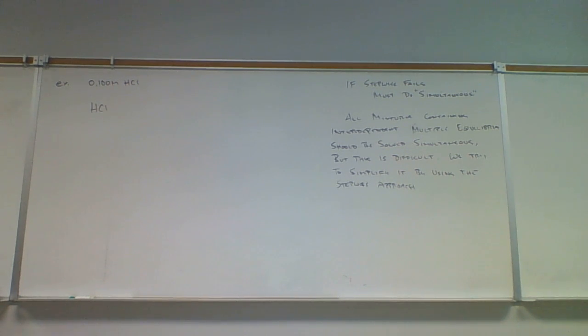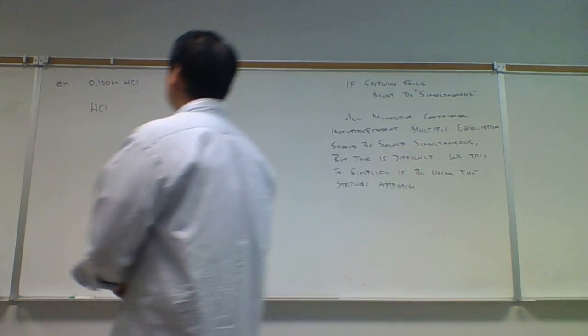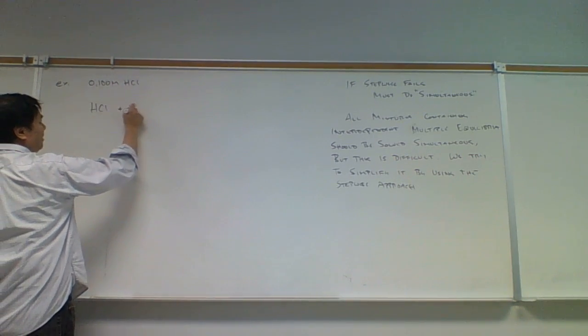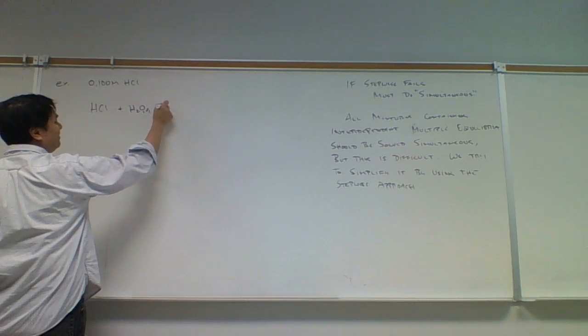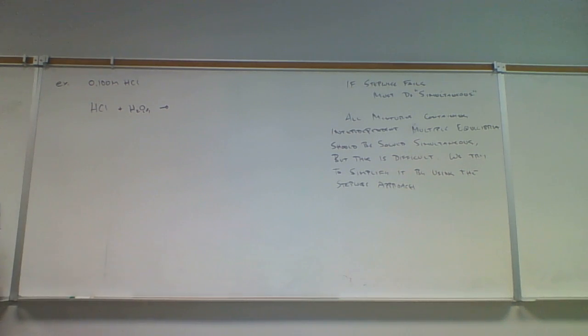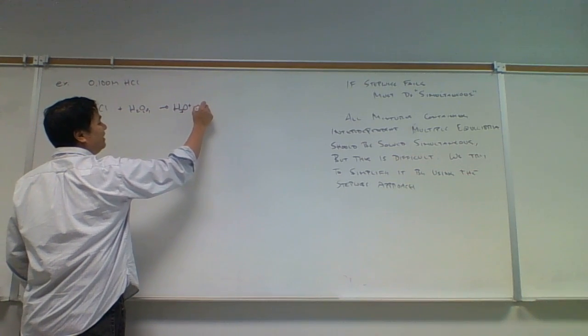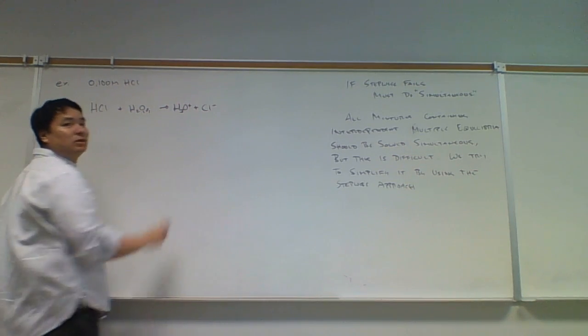And so this is something you do in Chem 1A. You learn that HCl can react with water. When it reacts with water, it does this. It hydrolyzes water 100%. And so we end up with hydronium and chloride.